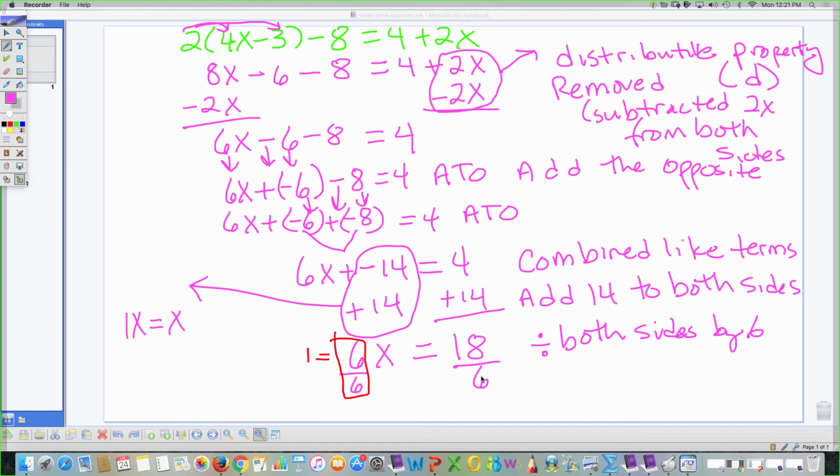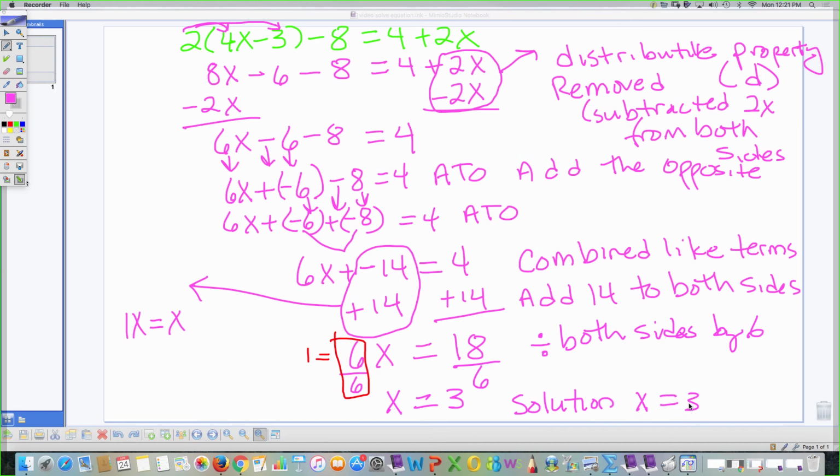And we showed the division. You remember the fraction bar is a division sign. So it's cleaner, I think, than using the actual divide symbol. All right, so over here, remember we have 1x now because we got the giant 1. And over here, 18 divided by 6 is 3. Now, we're pretty sure the solution is x equals 3.